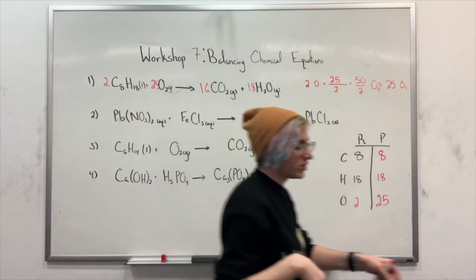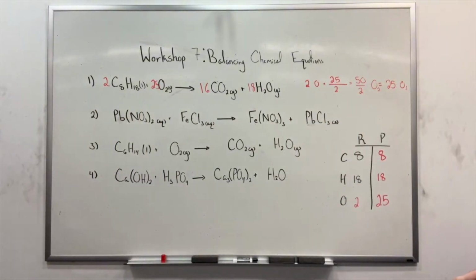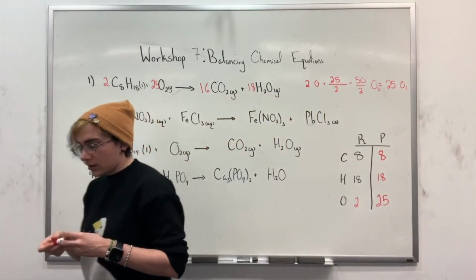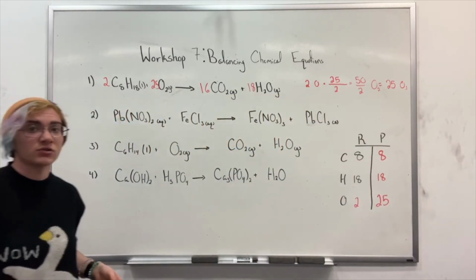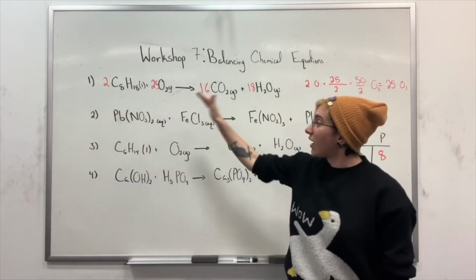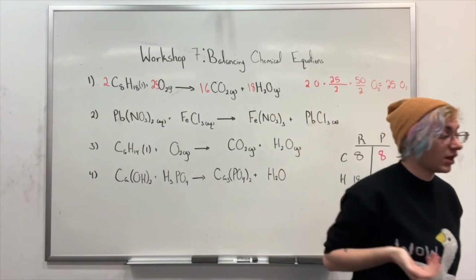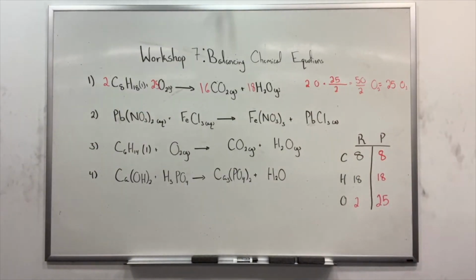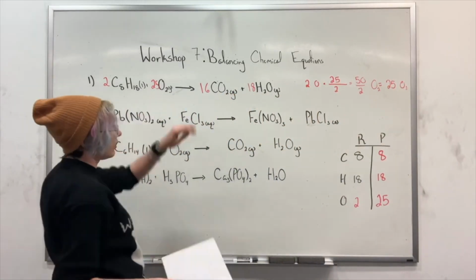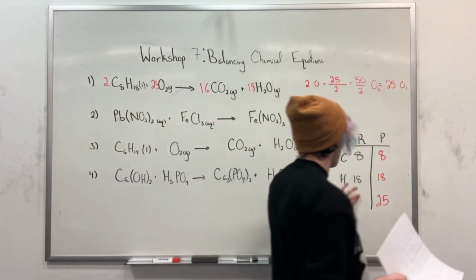You cannot have 25 over 2 oxygen atoms because that would imply that you have half of an oxygen molecule. You physically cannot have half of an oxygen molecule, so you have to eliminate that fraction by taking the entire equation and multiplying by the denominator, in this case, 2. Combustion is usually the hardest problems you have to balance because of the occurrence of odd numbers.